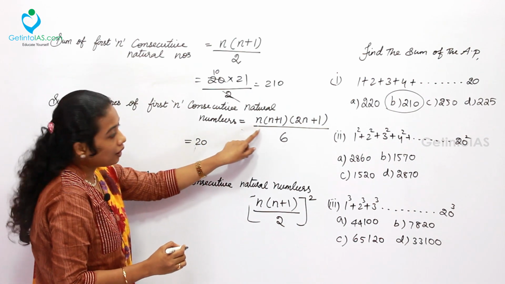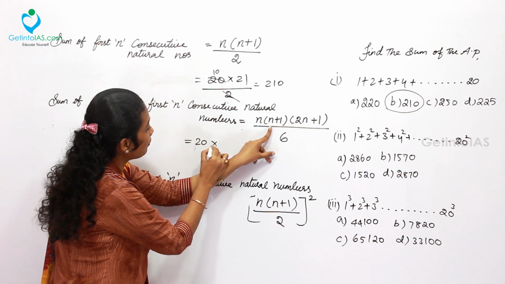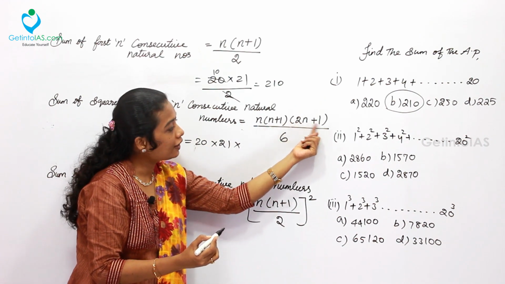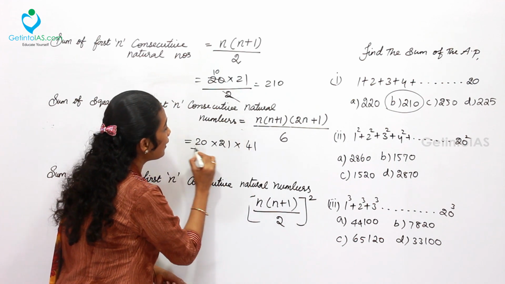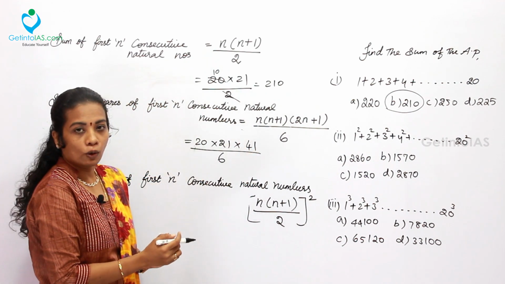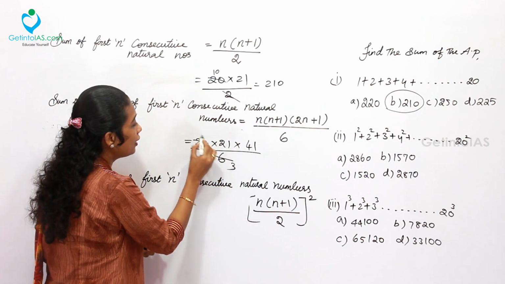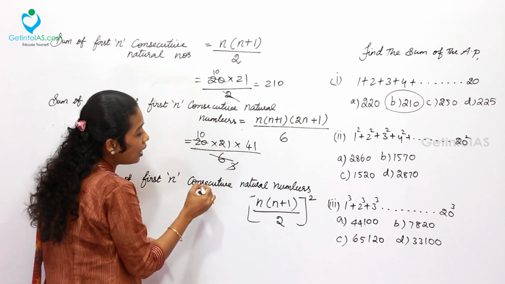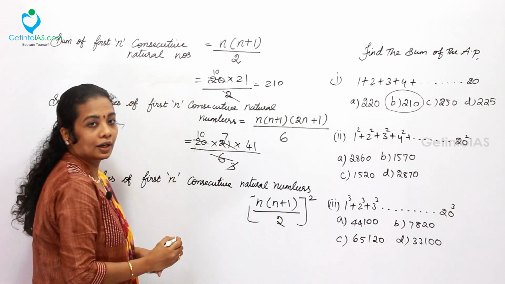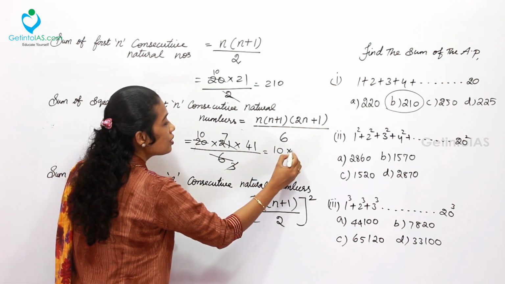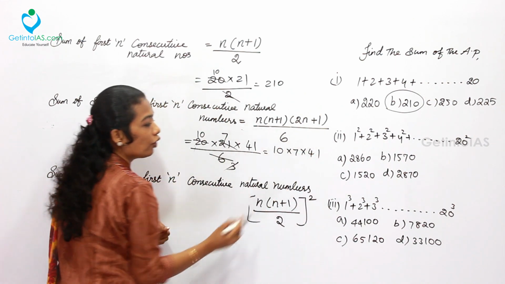So n is 20. What is n plus 1? 21 into what is 2n? 40. 40 plus 1? 41. Directly I have taken 6 in the denominator. Let's solve it. 3 times 2 is 6. 10 times 2 is 20. This 3 could be cancelled with 21, 7 times. So finally the answer is 10 into 7 into 41.